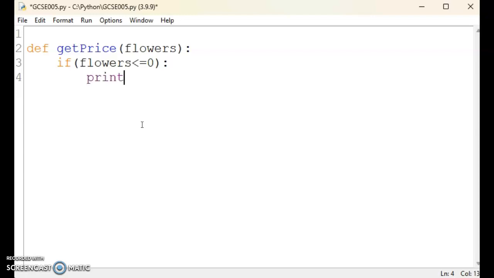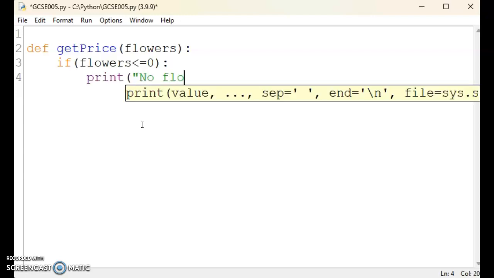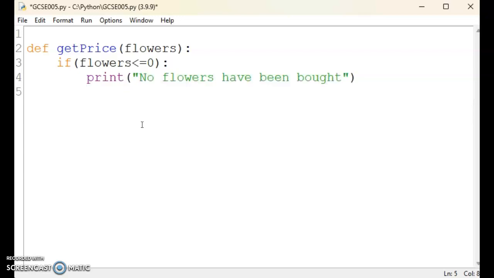So we could print some sort of a message here just to say no flowers have been bought, or there's maybe like an invalid input, and we could just say return at this point, which will eject us out of the procedure completely. We could separate this, of course.